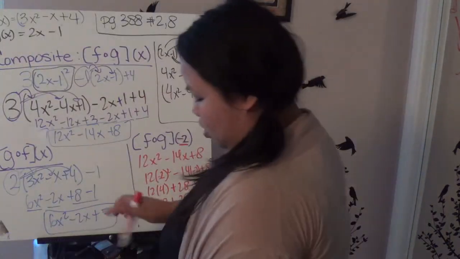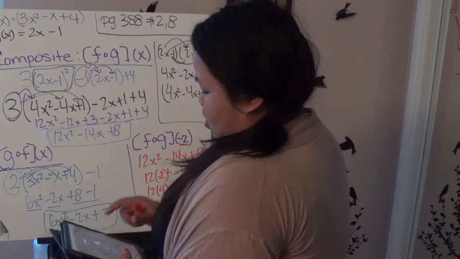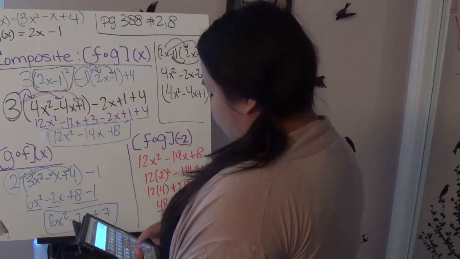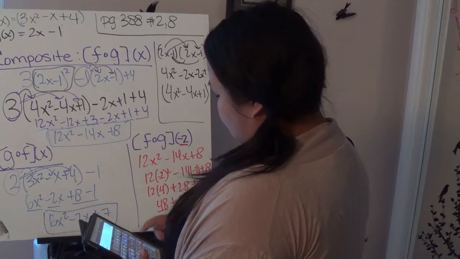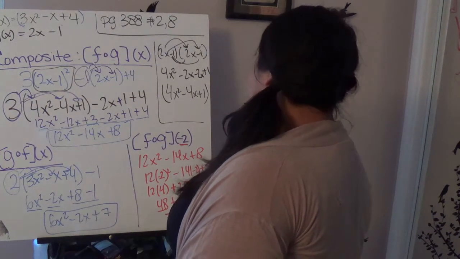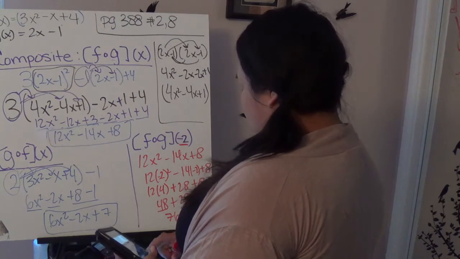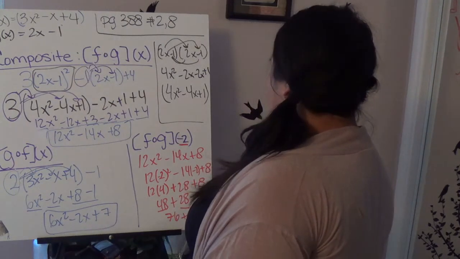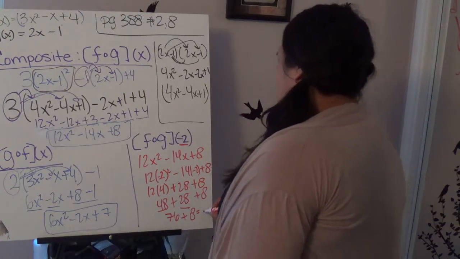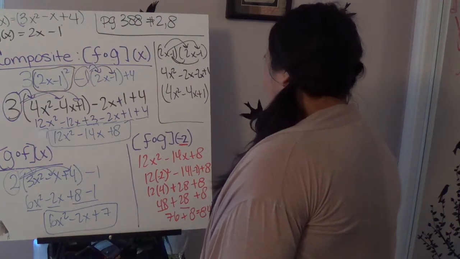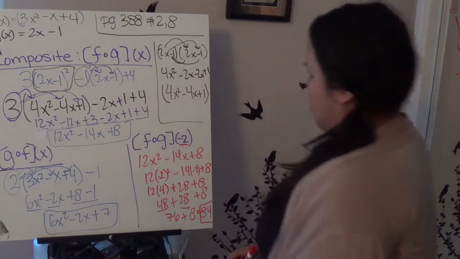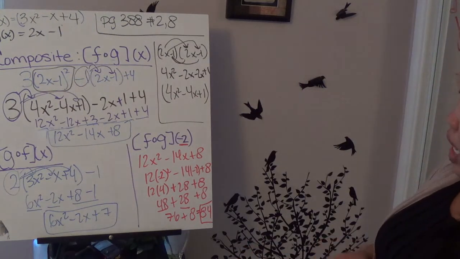Sorry, guys. 48 plus 28 is 76, plus 8. Is that right? 48 plus 28. Yes. And then 76 plus 8 is 84. Okay, so that's basically my answer.